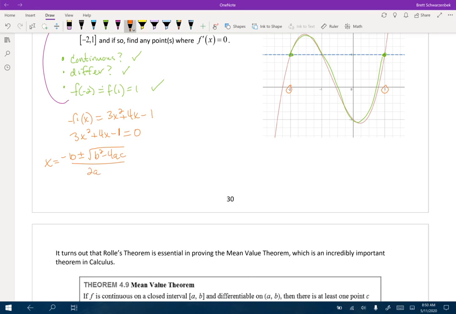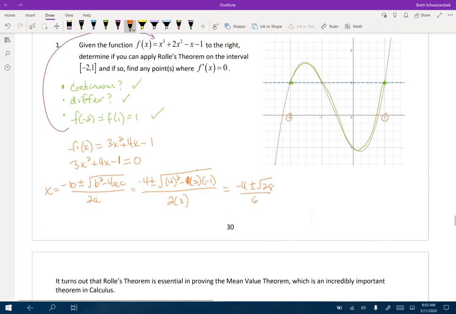Okay, so we have to sub in the numbers. So we got negative 4 plus or minus the square root of 4 squared minus 4 times 3 times, remember the sign, negative 1, right, over 2 times a, which is 3. So if we do the math here, we're going to get negative 4 plus or minus root 28 over 6.